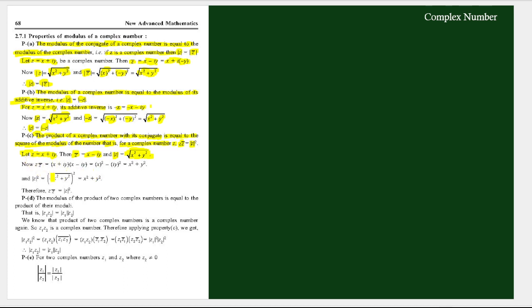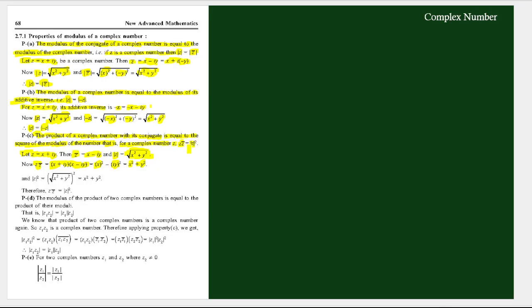Then now you multiply z into z conjugate. We will get x square minus i square y square. Then i square is minus 1, so minus into minus becomes plus. So x square plus y square. So this is our left hand side.